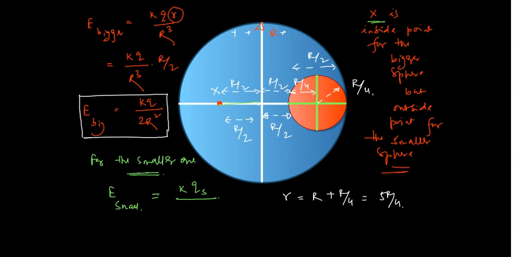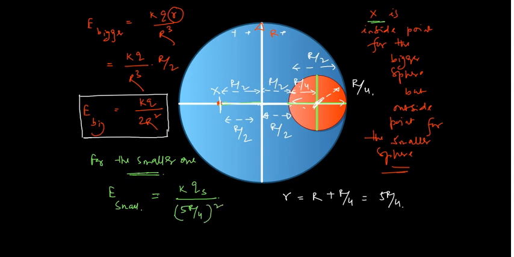I hope it is clear to all of you. मैं फिर बता देता हूँ. This is R by 2, this is also given R by 2, so the total diameter is R by 2, and its half, the center, is R by 4. So from point X to the center of the smaller one is 5R by 4. So we will substitute: 5R by 4 whole square.